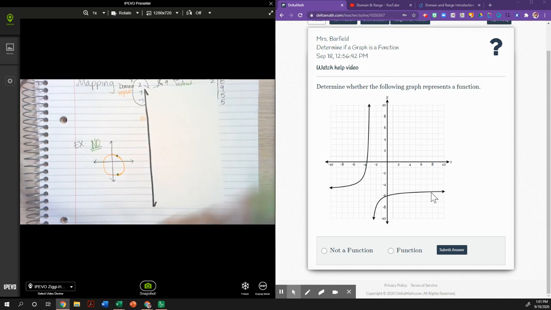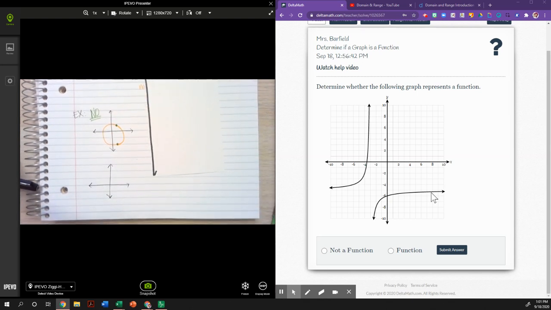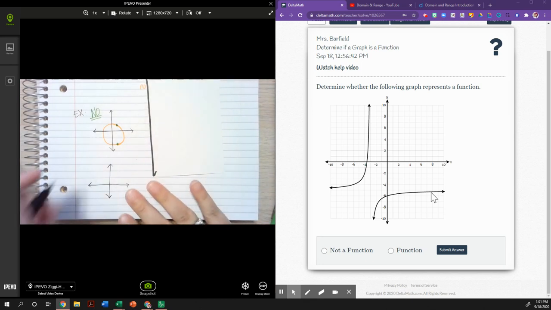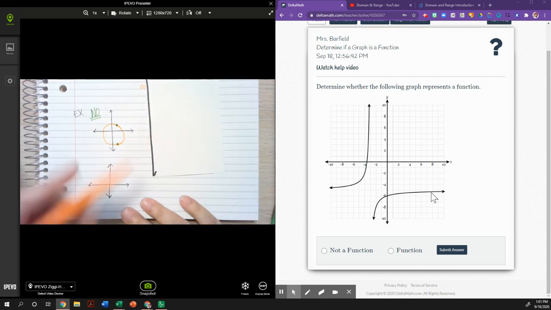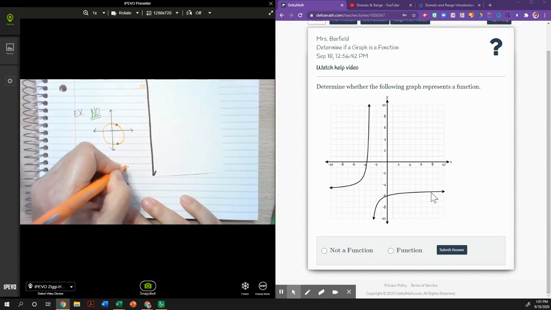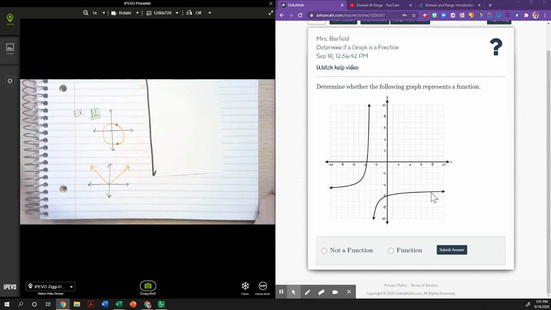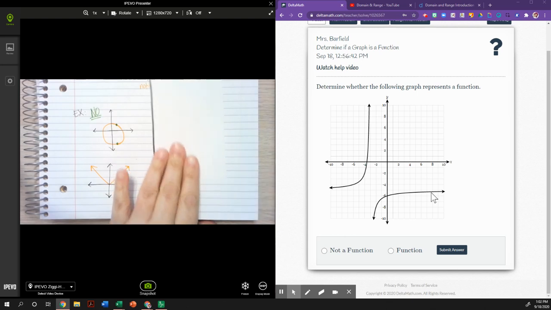So you ask, what would be an example of something that is a function? If I draw a picture here, all right, let's scoot this down, and I give you this picture and I ask, is it a function?